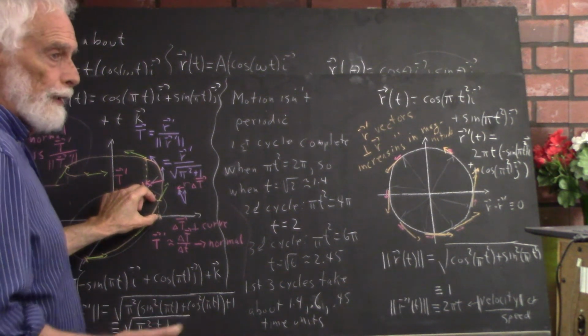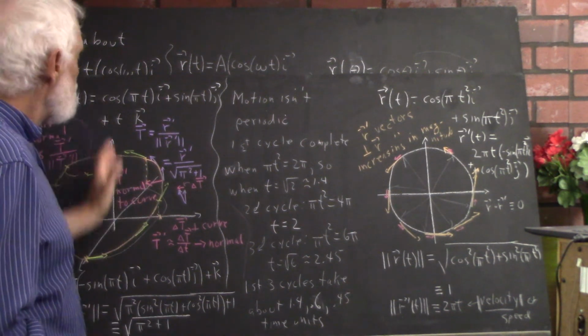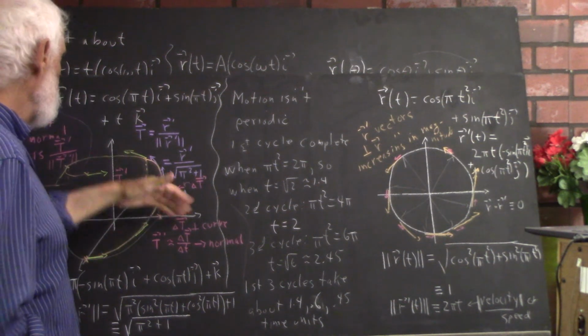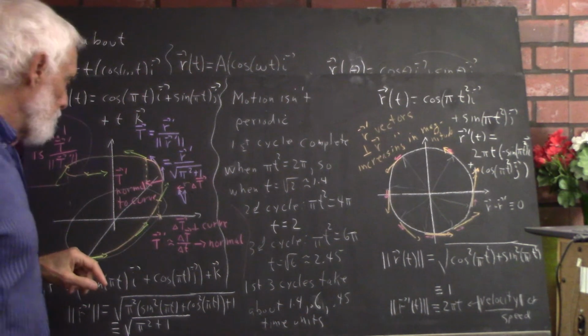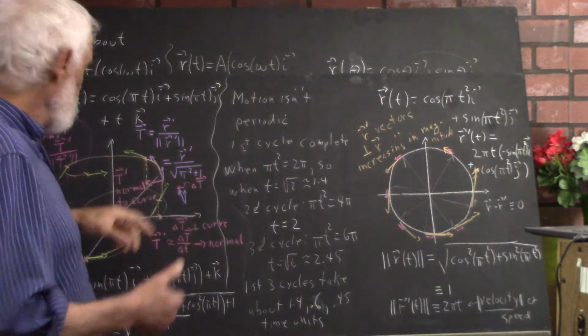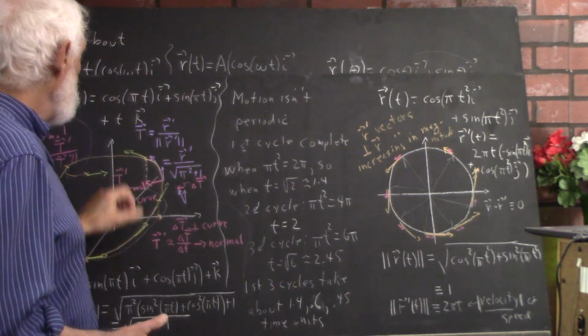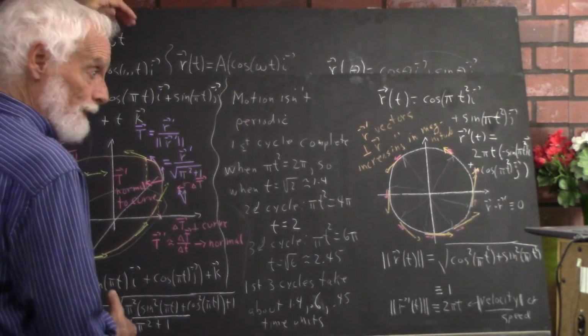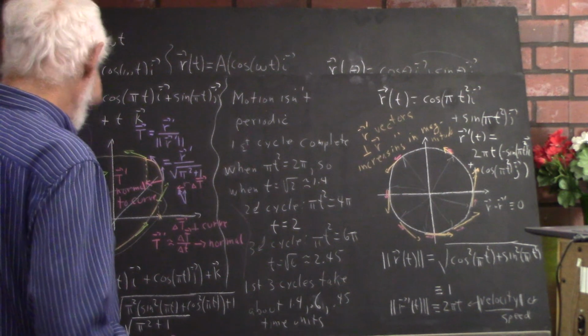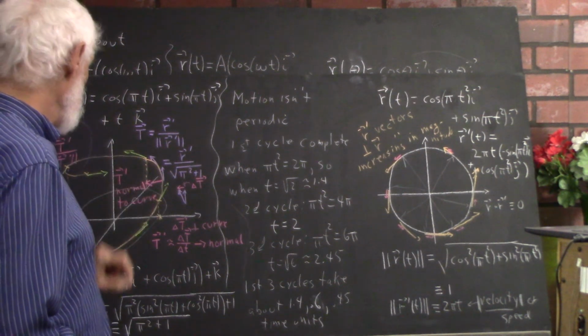So I'm saying that's half a unit. Now my scale in the vertical direction is not the same as my scale on the x and y, just so we can draw this picture big without having the helix expand past the edges of the board. Okay, so there's 1/2 unit.